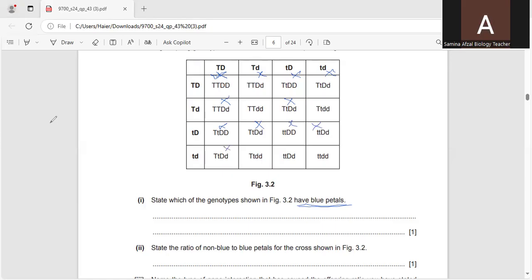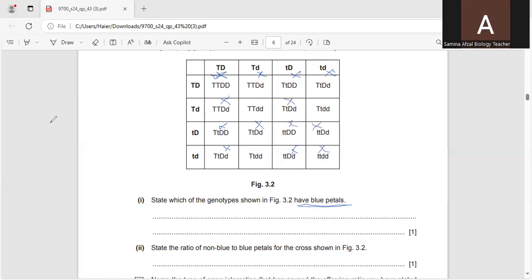And here there is small t. So again, they will not produce the blue petals. So here you can see the two genotypes, capital T, small d, small d.